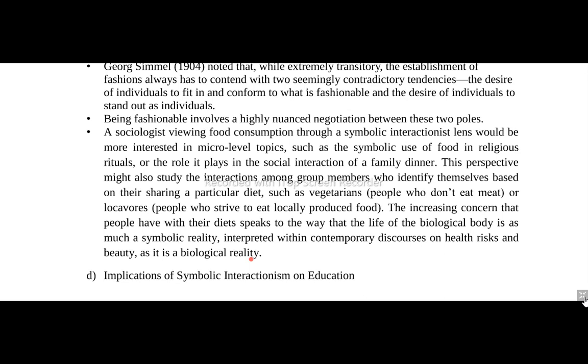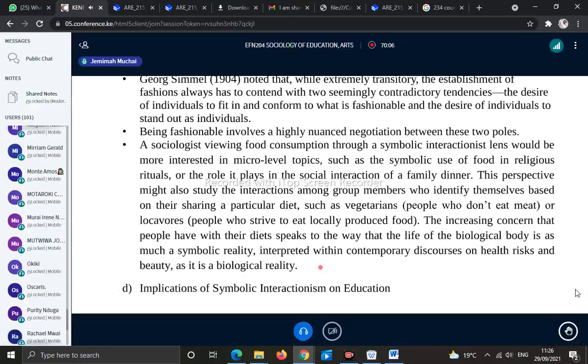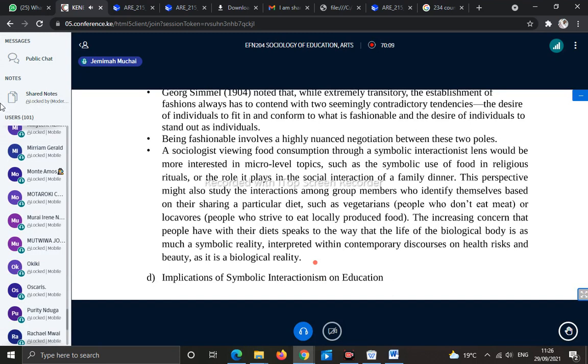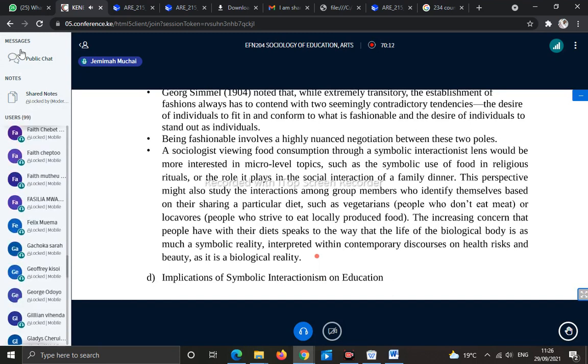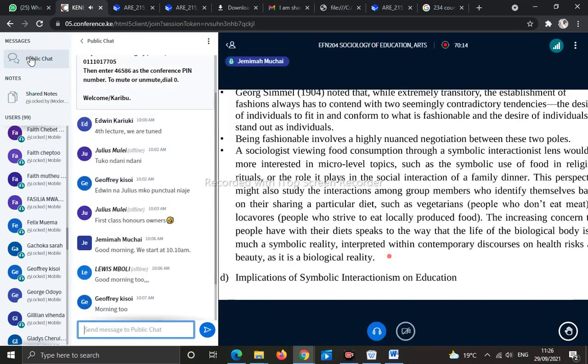So we can use food, especially for religious purposes, right? For example, on Fridays, what do Catholics not eat? That is food in religious rituals. Or Muslims, what type of meat do they eat, and which meat do they not eat?